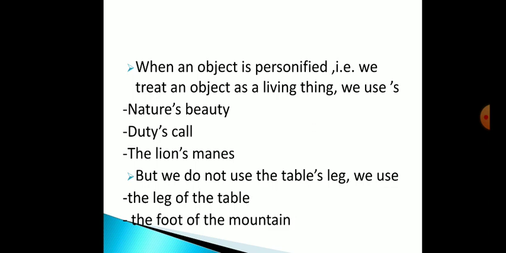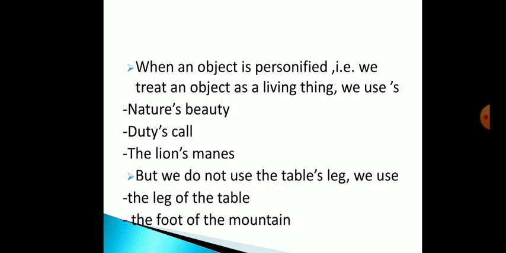And here the beauty works as an adjective in the sentence to show the quality. In spite of being a non-living thing, that is why apostrophe s is used with nature.